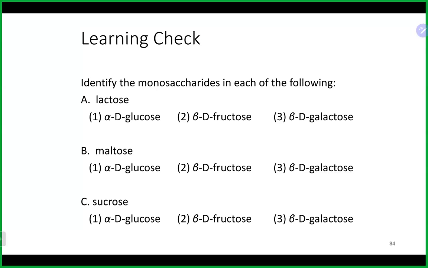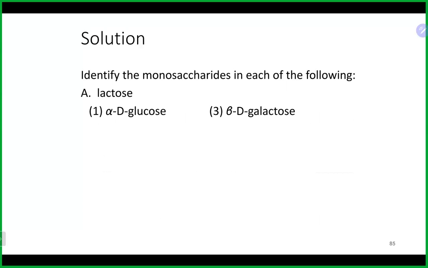All right, so lactose is made up of glucose and galactose. Maltose is made up of a couple of glucoses.